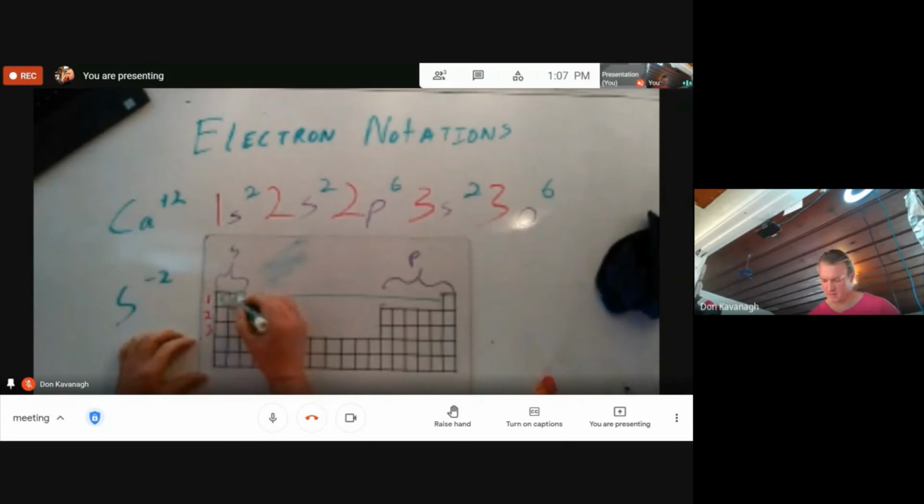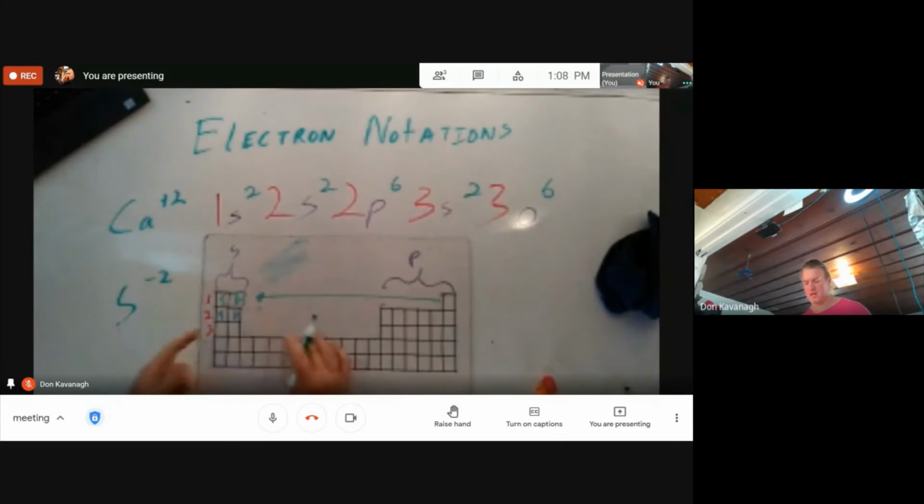Up, down, up, down. I'm starting up. If I started with down, that would also be fine too. It's the alternation. Up, down, up, down, up, down. So that is the sulfur box right there, and it has a -2 charge. So I'm going to add 2 electrons.